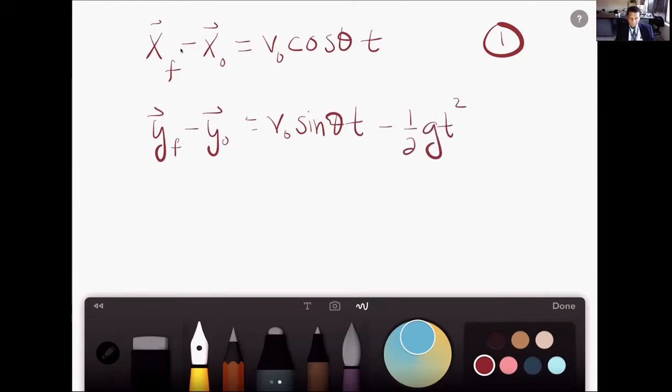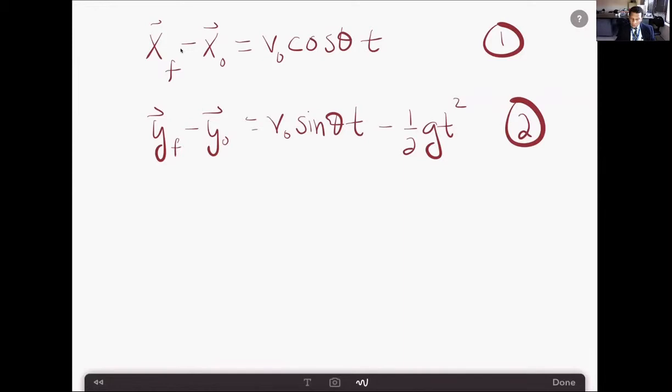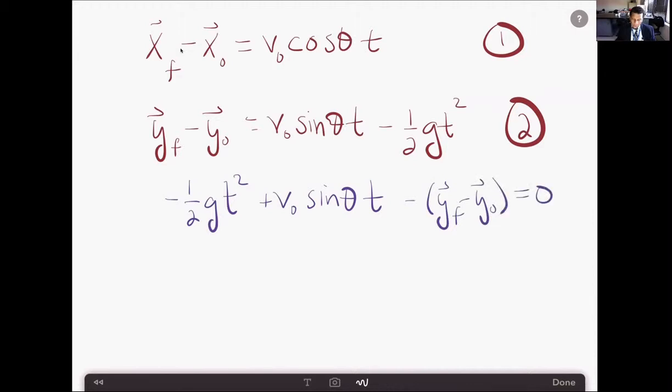All right. So now that we have this equation, we're going to use equation number 2 to solve for time. Notice that the equation is just quadratic in time. Equals 0.